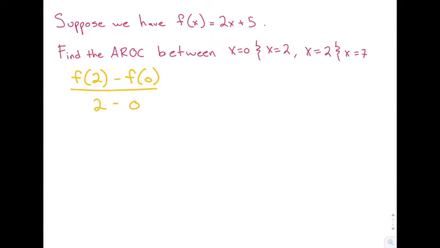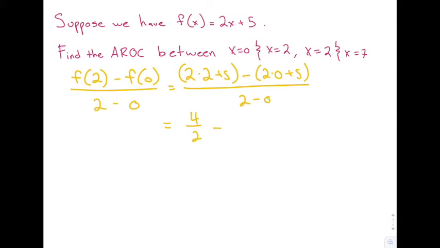So this will be 2 times 2 plus 5 minus 2 times 0 plus 5 over 2 minus 0. That's 4 plus 5, which is 9, minus 5. So that's 4 over 2, which equals 2. So the average rate of change between x equals 0 and x equals 2 is just 2. What about between x equals 2 and x equals 7?